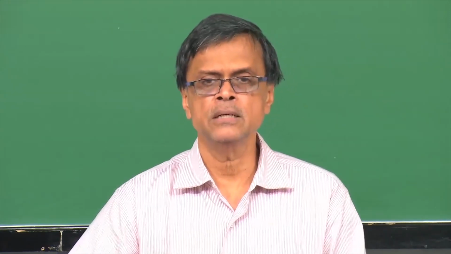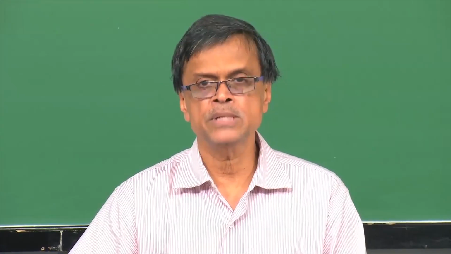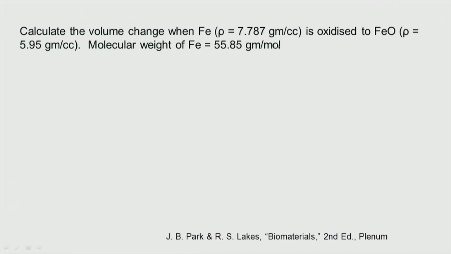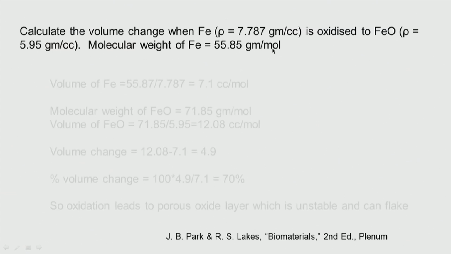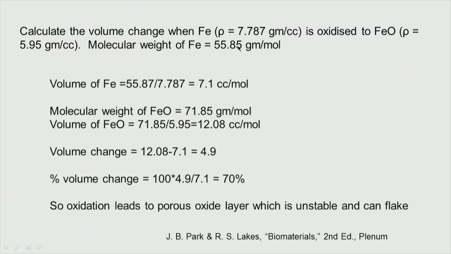So, when there is corrosion, iron becomes iron oxide. What could be the volume change? Calculate the volume change when iron of this density is oxidized to iron oxide of this density. The molecular weight of iron is this. It is quite simple. Volume of iron is 55.85 divided by 7, so this is 7.1 cc per mole.